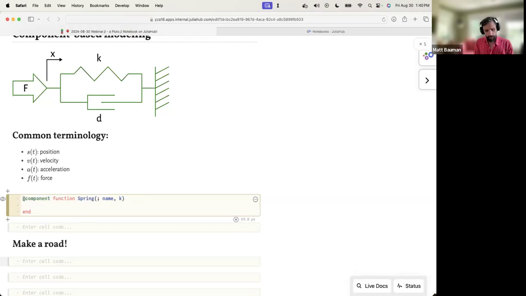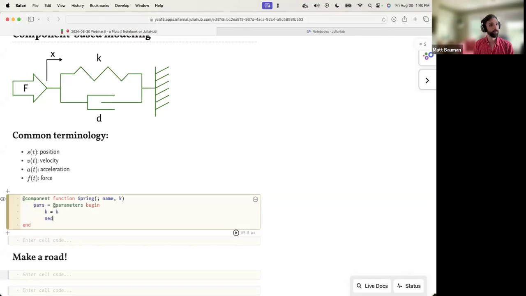And then inside here, we can add more things. Remember, our spring, all it has is a parameter. Parameters are often abbreviated in ModelingToolkit as pars, but again, this doesn't really matter. And we say, okay, this is just like the case before. We're going to flag it as a parameter, and it's going to be K, and we're going to grab it from the value we passed.